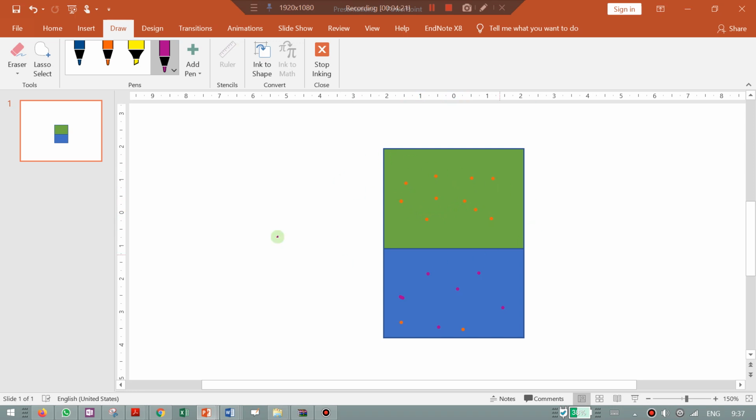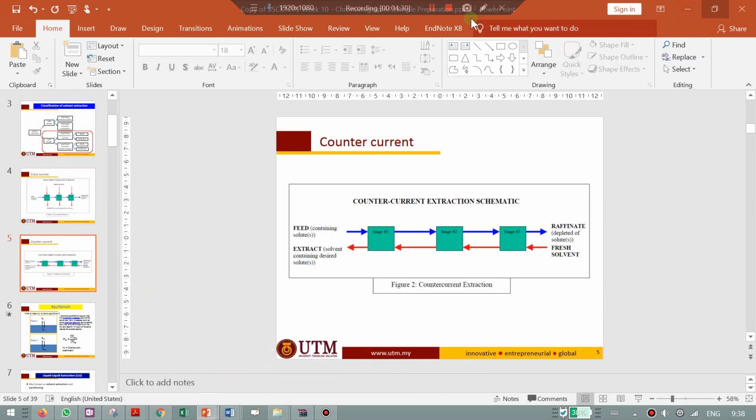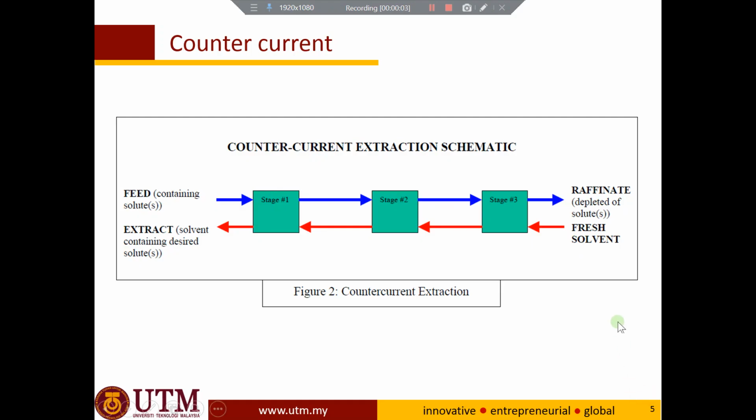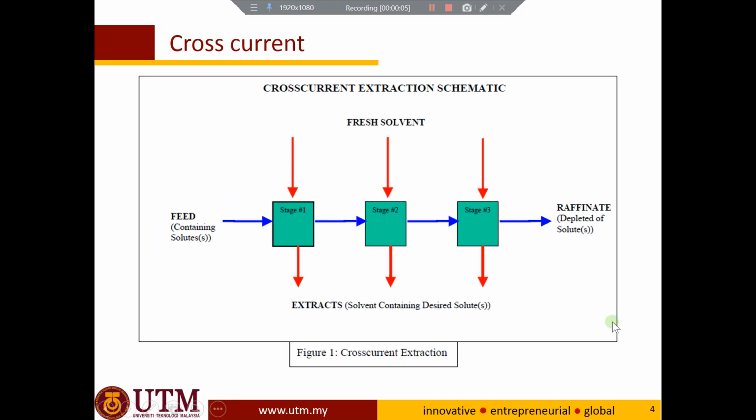Okay, this is the basic idea of the liquid extraction. So you have the basics already. So let's go back to our slide, the cross current extraction for liquid extraction.